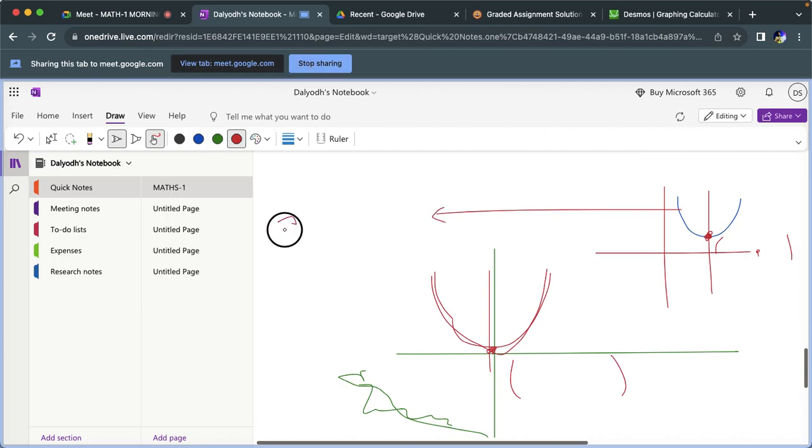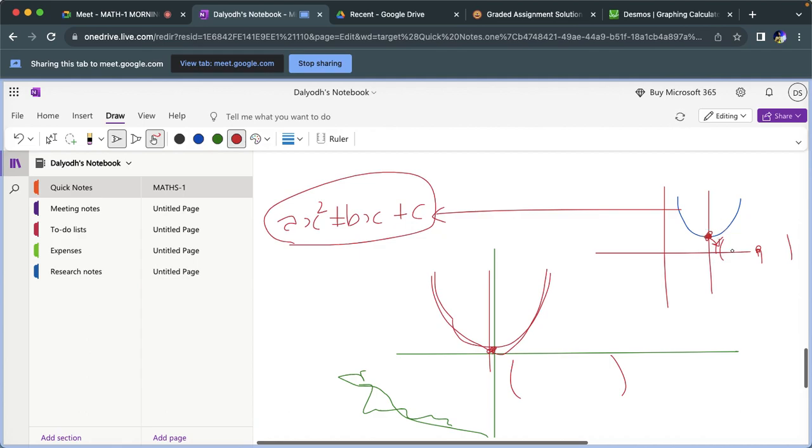Let's say this is the equation of your quadratic function, ax square plus bx plus c. How can you say what the vertex point is?